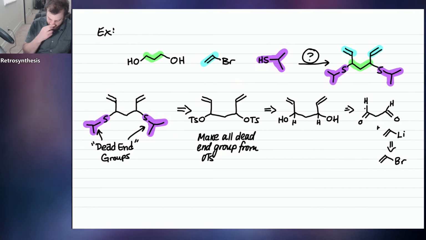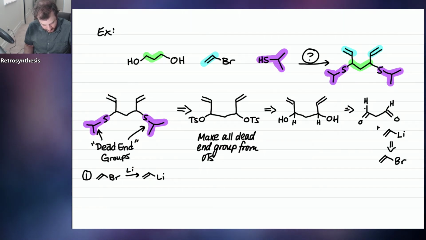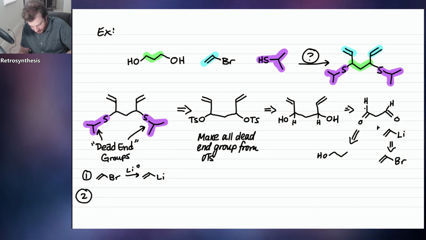Okay, so now we're ready for the forward synthesis. Here we go. We'll start by making our organometallic. So we'll start with our vinyl bromide. We'll treat that with lithium to make our vinyl lithium. Step 2. Oh yeah, and our double aldehyde here, that could be made from our double alcohol, right? We gotta finish our retrosynthesis there.